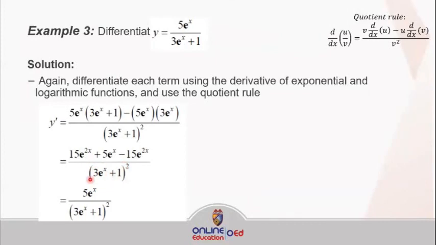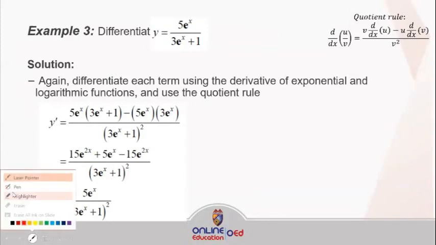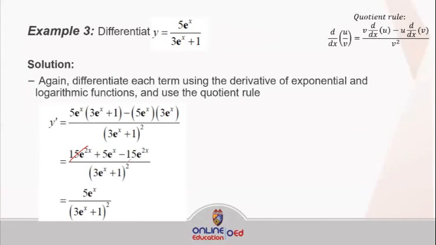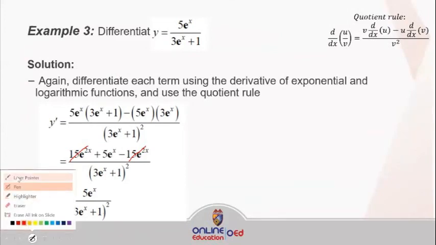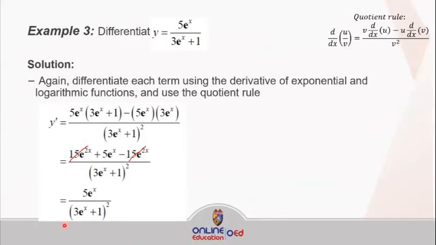And since yung problem natin is we have the positive 15e raised to 2x, and we also have the negative 15e raised to 2x, pag pinag-add natin siya is equivalent na siya sa 0. So, ang simplified natin is we have the 5e raised to x over the e raised to x plus 1 squared na yung value niya. So, ito yung magiging first derivative natin for this problem.